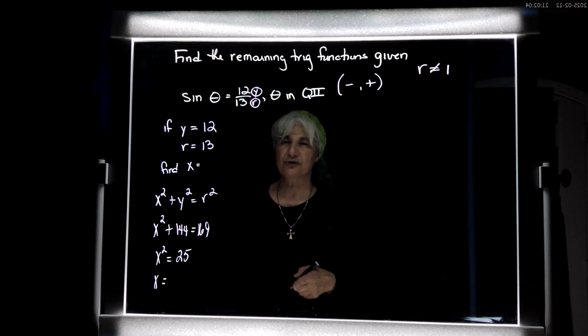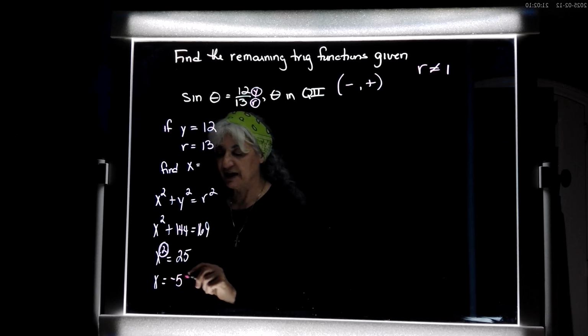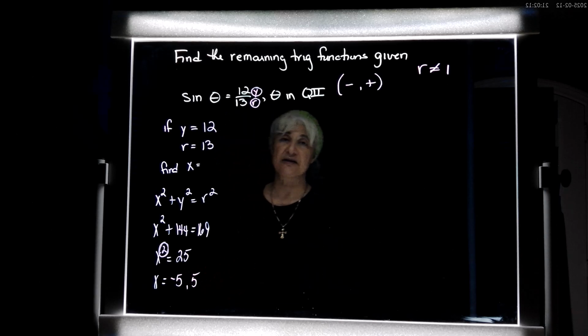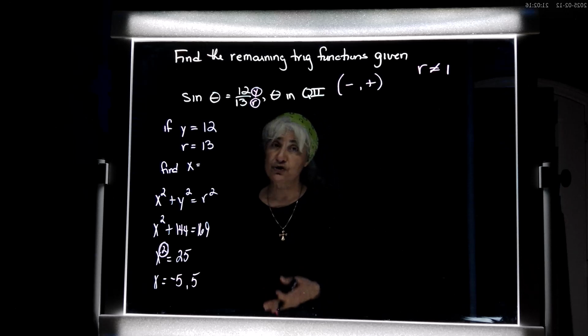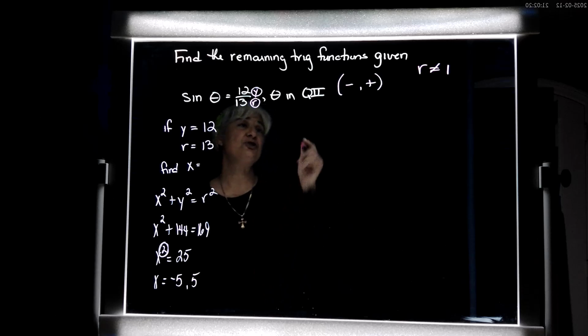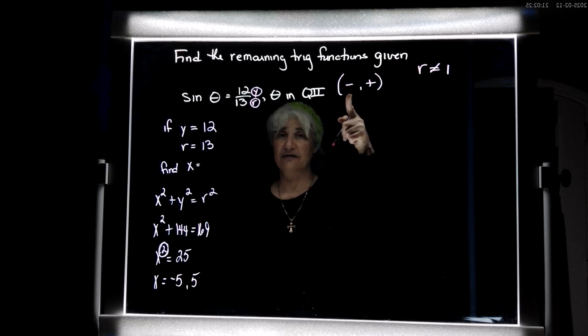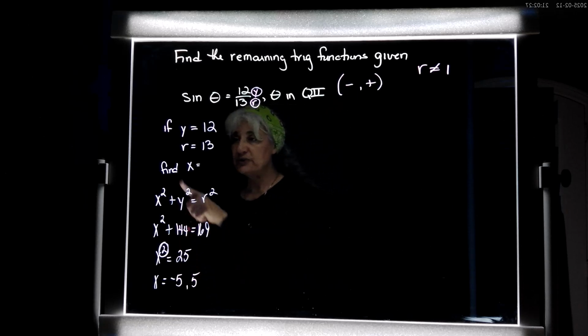By the way, how many answers are you going to get? Two answers: one is -5 and the other is +5. You need to remember there are two answers, especially in this case, because we're in quadrant 2, and in quadrant 2 the x's are negative.